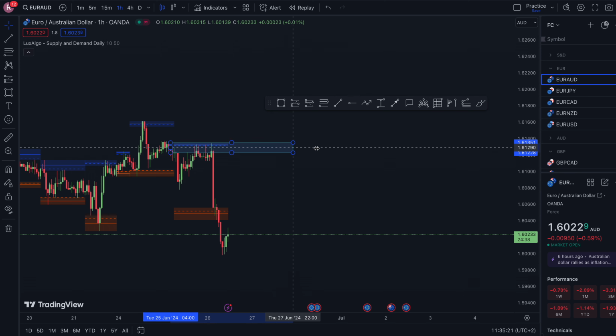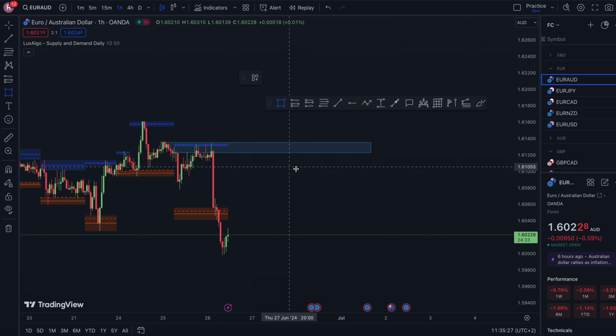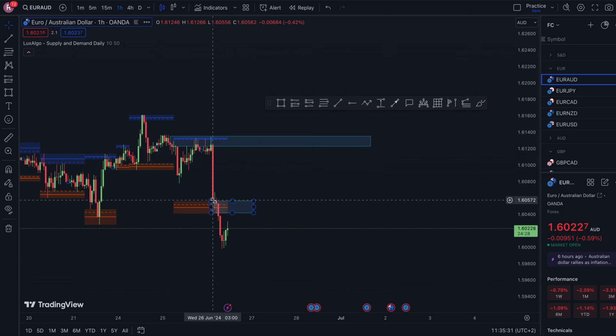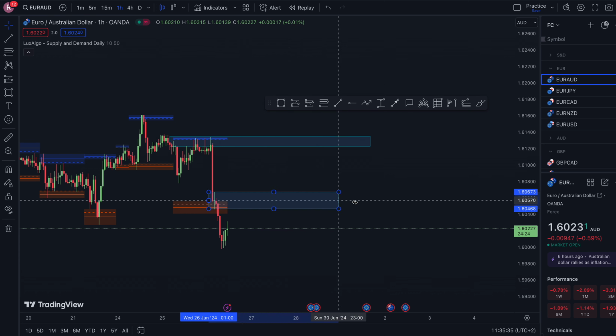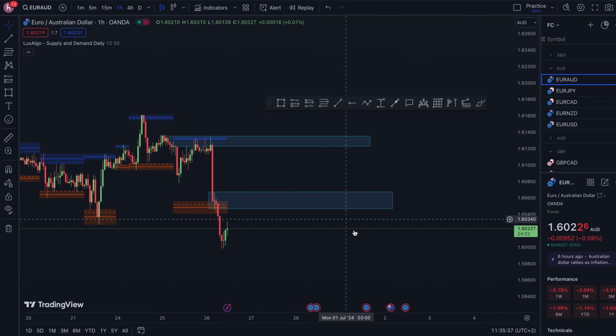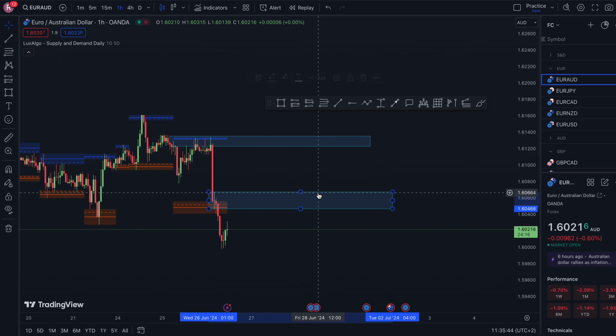It's extended so that whenever price comes back into the zone in the future, we can definitely look for a sell. And this is a demand zone right here. Whenever price comes to that zone, it could be a potential sell zone or a buy zone.